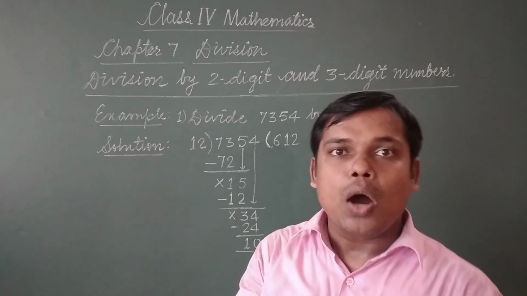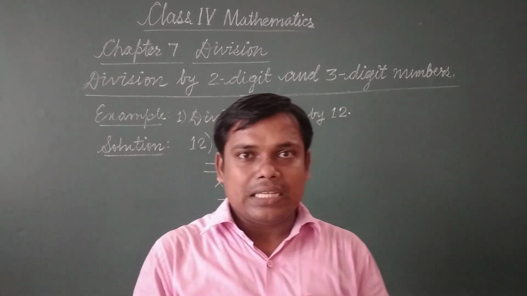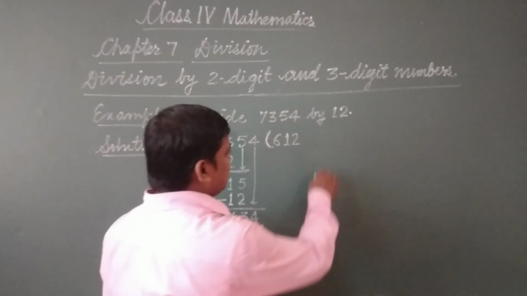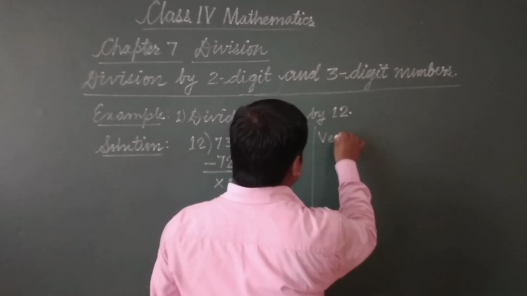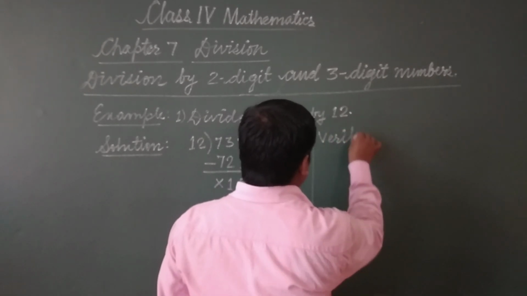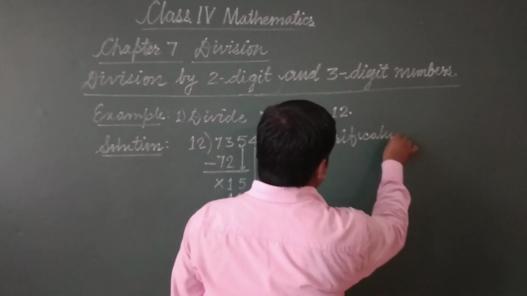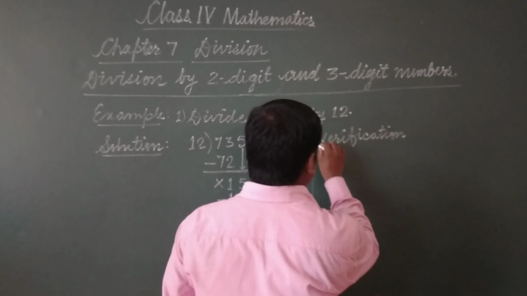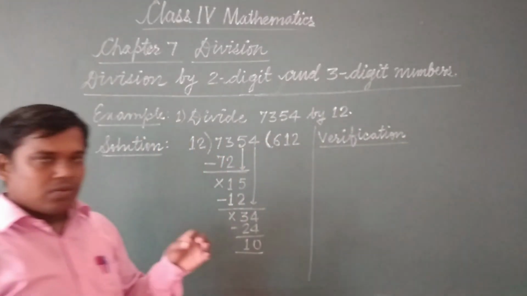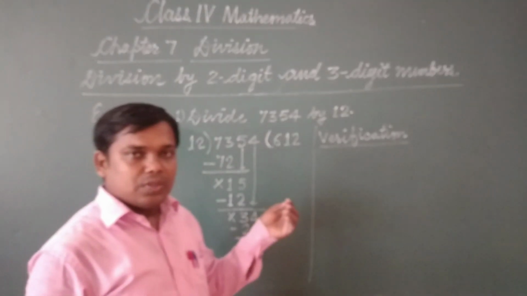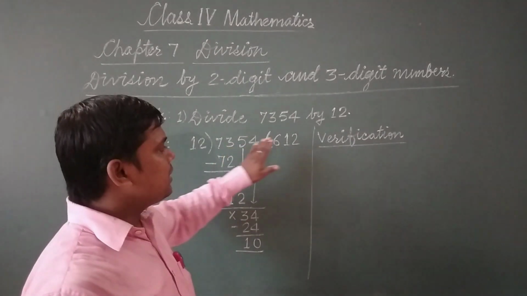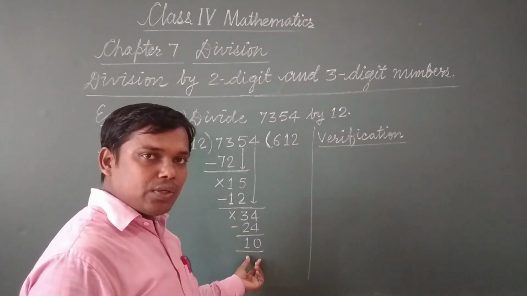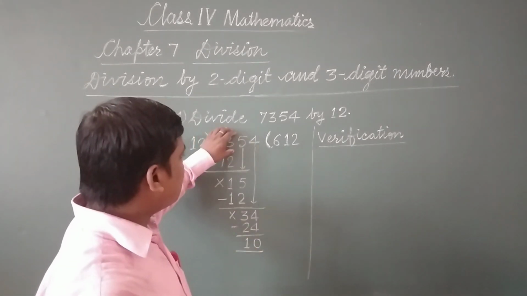Now, how to verify that the quotient and remainder we have got is correct or not? So, we write here verification. Generally, when we multiply quotient to divisor and add a remainder, we should get dividend.